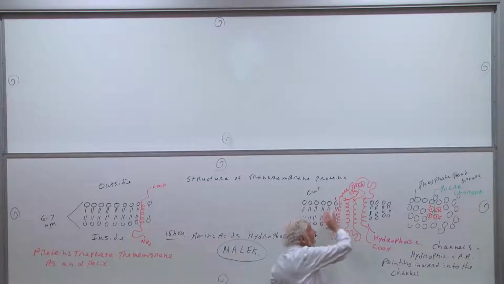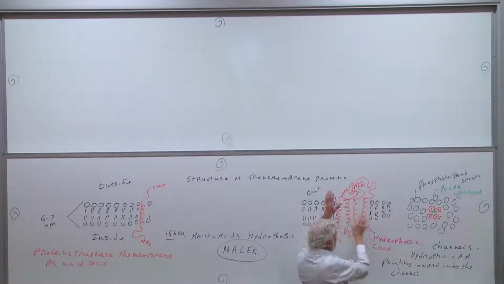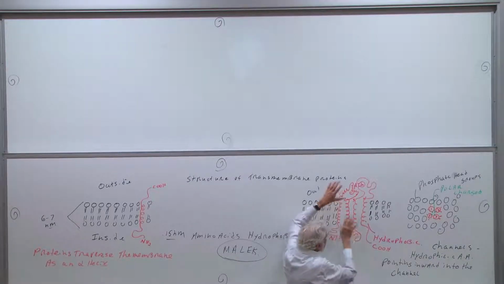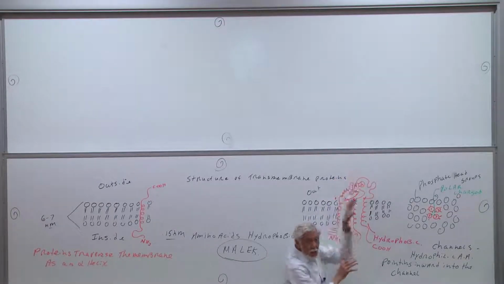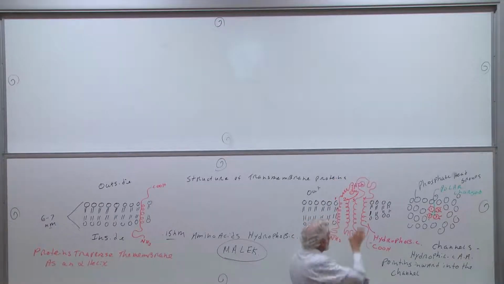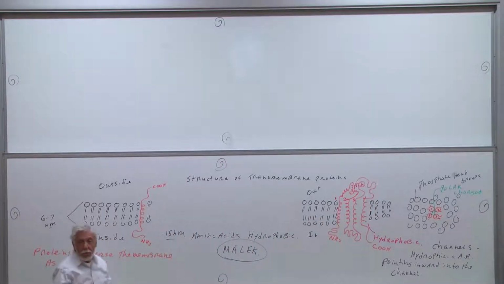And by having a particular amino acid sequence with its three-dimensional structure in the outside and the inside of the cell, we can further provide means of operating and regulating these channels by binding of molecules, extracellular and intracellular, through the three-dimensional shape. Any questions to there?